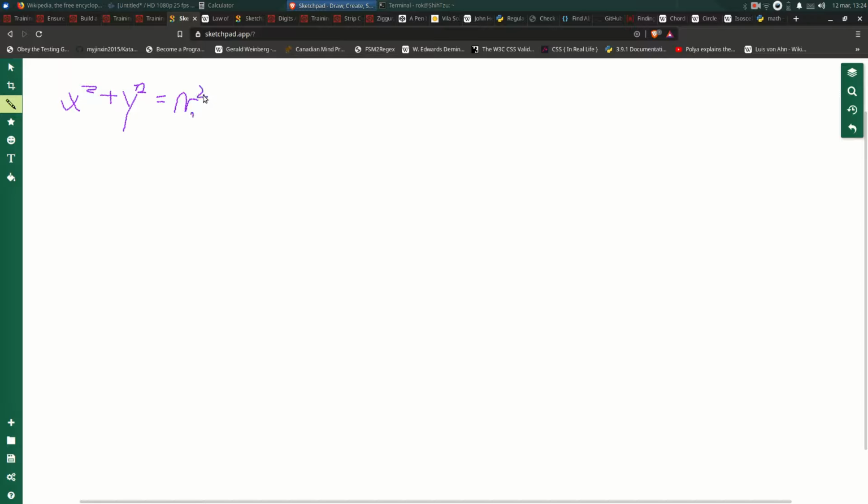So that is the first radius, and then we've got the point, let's use p instead of t. It is m, n.